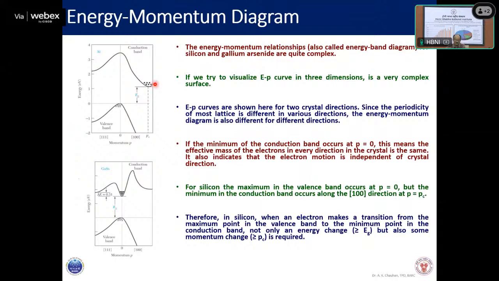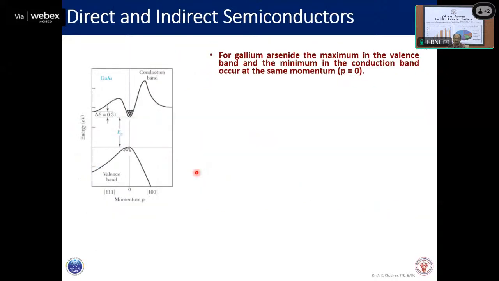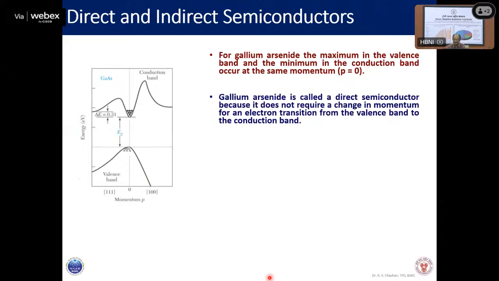However, if there is a difference in momentum between the maxima of the valence band and the minima of the conduction band, those are called indirect semiconductors. For example, in gallium arsenide, the maximum in the valence band and the minimum in the conduction band occur at the same momentum, and this is called a direct band gap semiconductor.